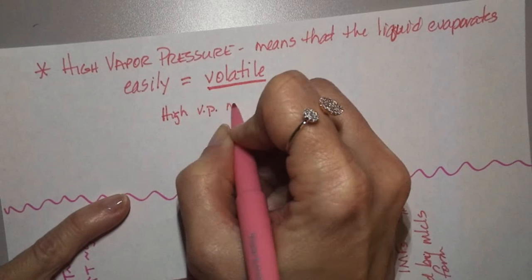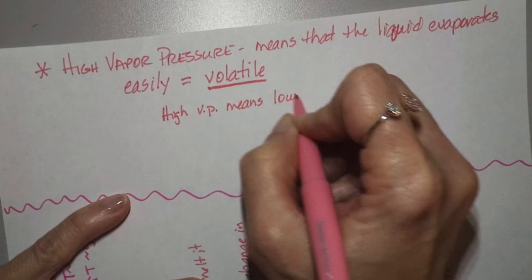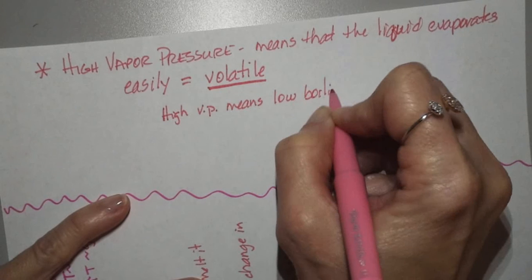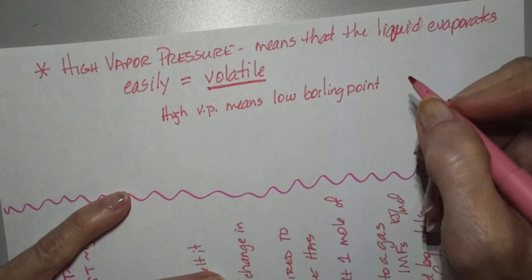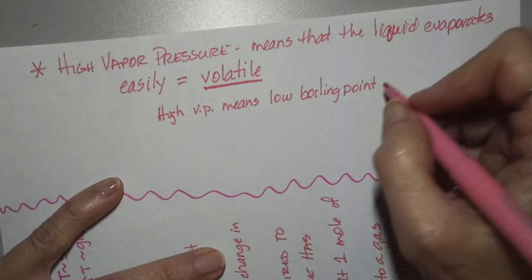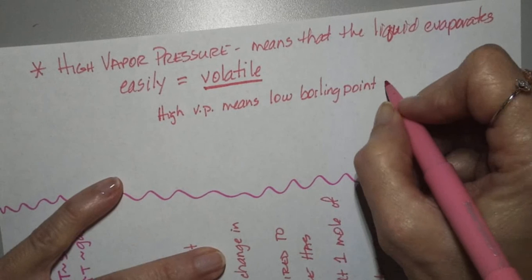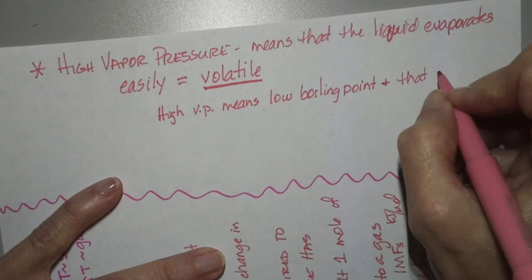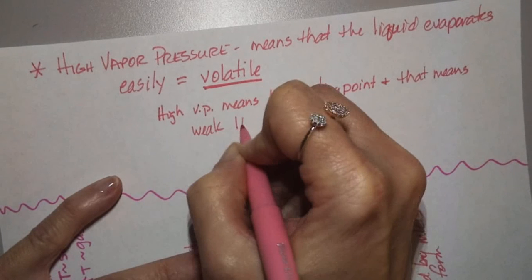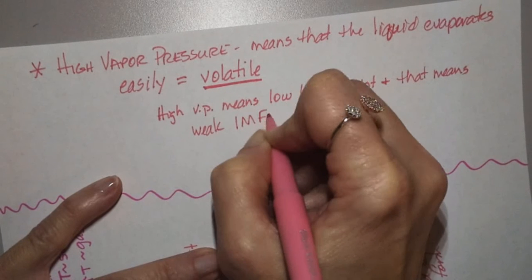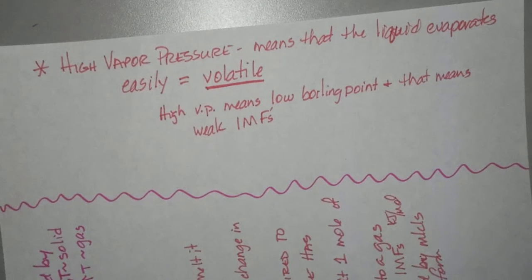And that means low IMFs, or not very strong IMFs. Okay? So if it has a high vapor pressure, it means that it changes to a gas really easily. If it changes to a gas easily, it means, oh, there aren't that many IMFs holding it together, right? So high vapor pressure means it's going to have a low boiling point and low IMFs.